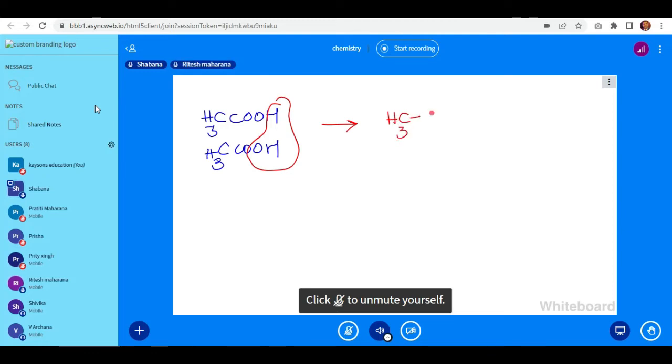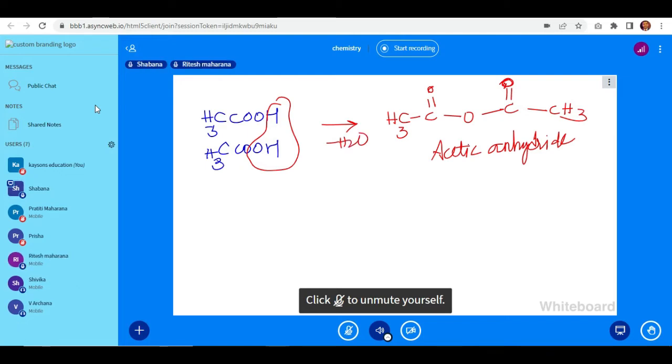Water. So we have CH3COOCOCH3. This is called, sorry, acetic anhydride. That is formed by losing a water molecule.